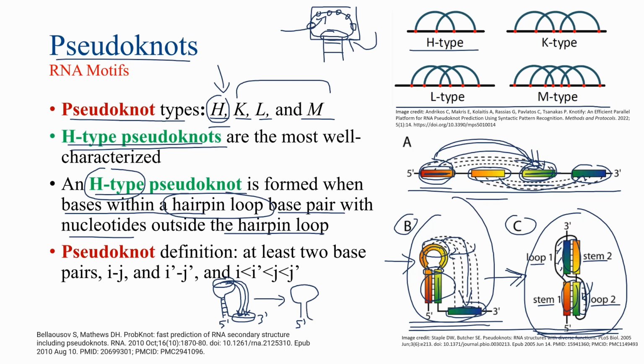But now the 3' end, or a region within the 3' end, has gone up and has base paired. This is the 3' end. We transferred it from here into here, and it is base pairing with a region within the hairpin loop. So to understand what happens next, I'm basically going to redraw this, but this way rotating it to the right in a vertical position.